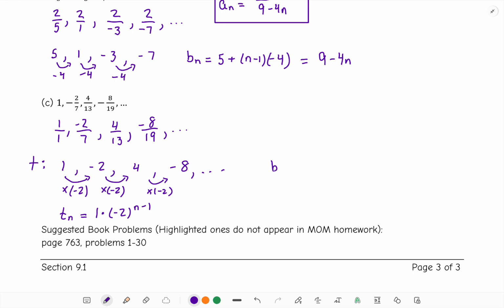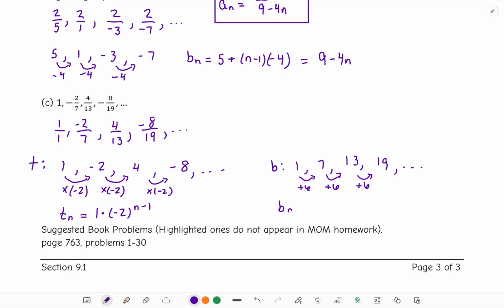Now for the bottoms, or the denominators, we have 1, 7, 13, 19, and so on. And you're adding 6 each time. So you notice that the denominators are arithmetic again.